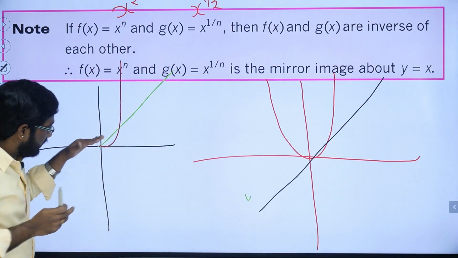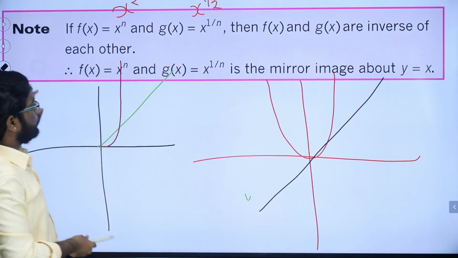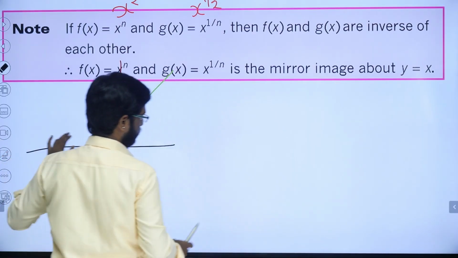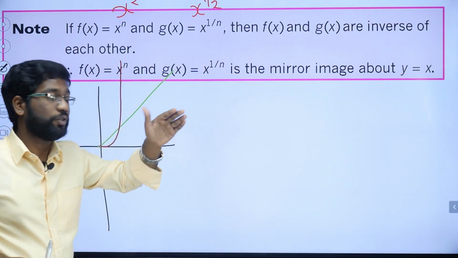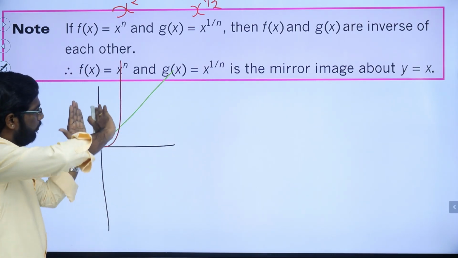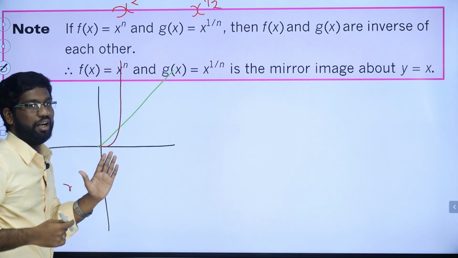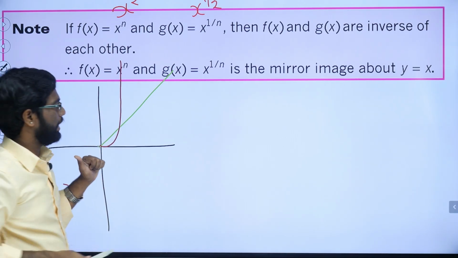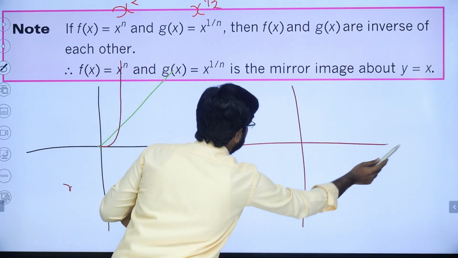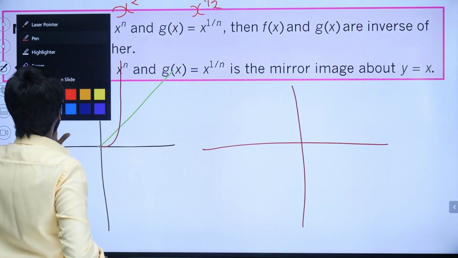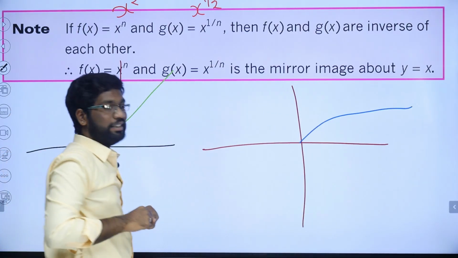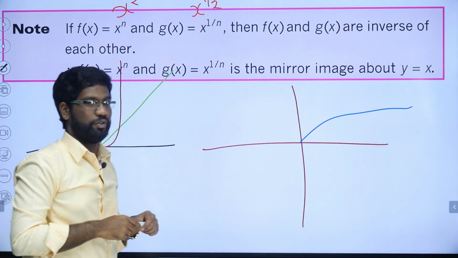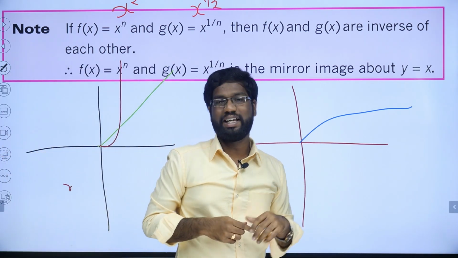Now for this graph I am going to do the inverse. Just the mirror image, my dear students, so that my graph will look like this. This is what they have explained, just for your basic understanding.